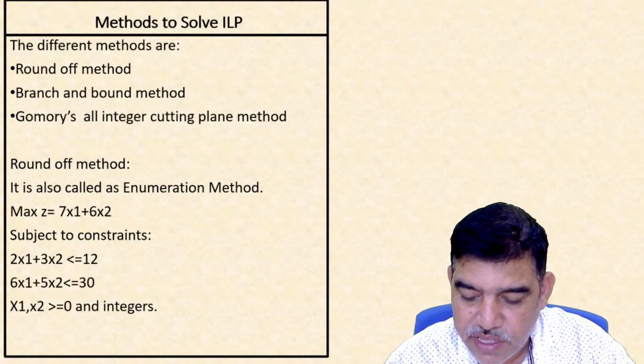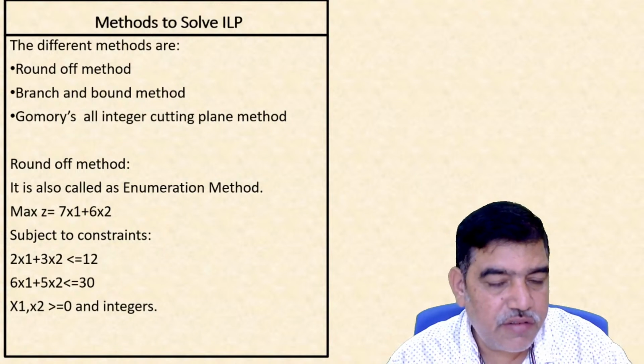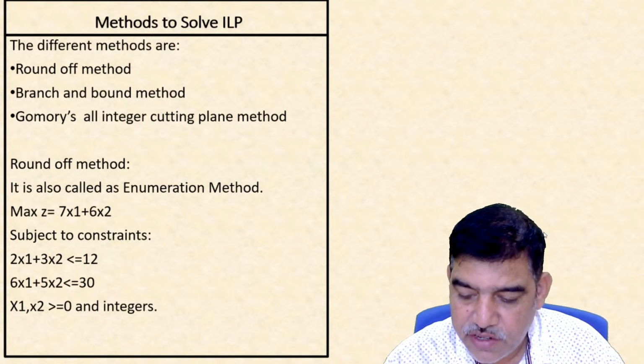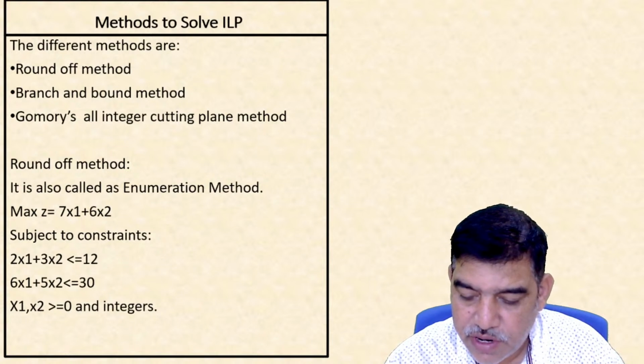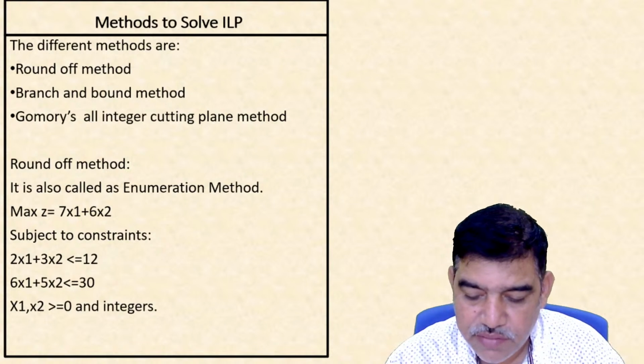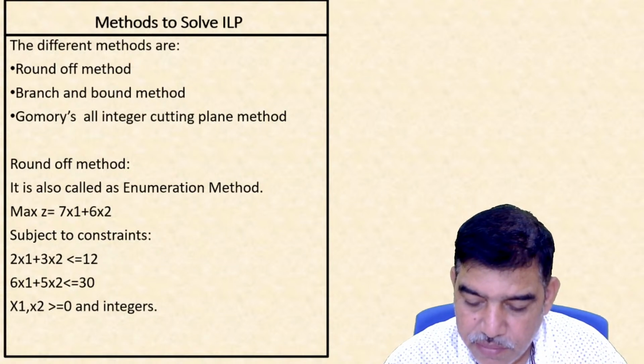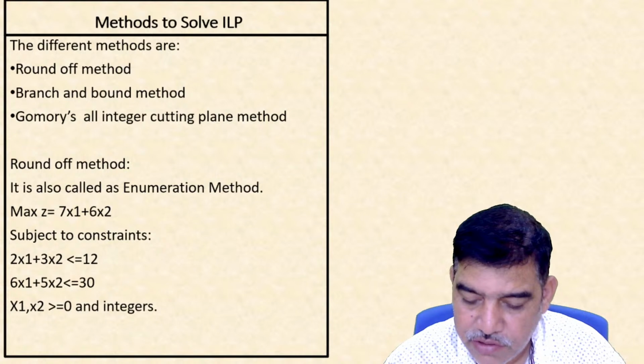Then the second step is check whether the optimal solution is integer. If yes, stop. The resulting solution is the required one. If no, go to step 3. Generate a new constraint from the fractional optimal solution of the LP. The constraint is created so as to rule out fractional values without ruling out any integer solutions to the problem.